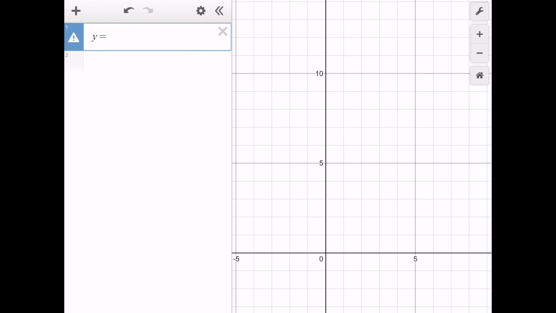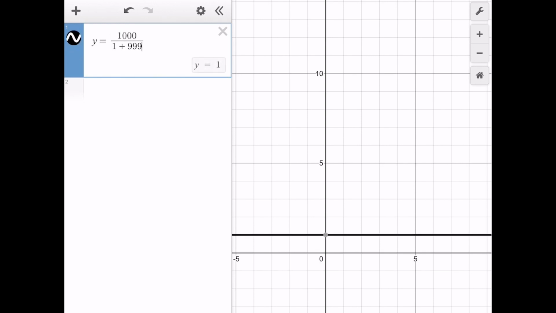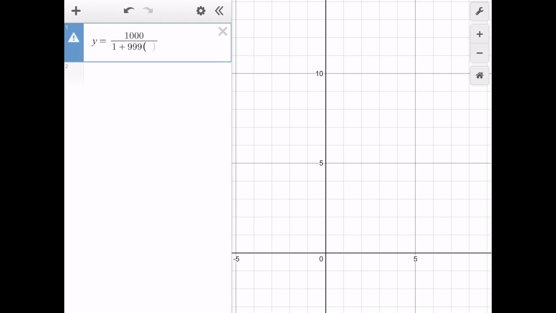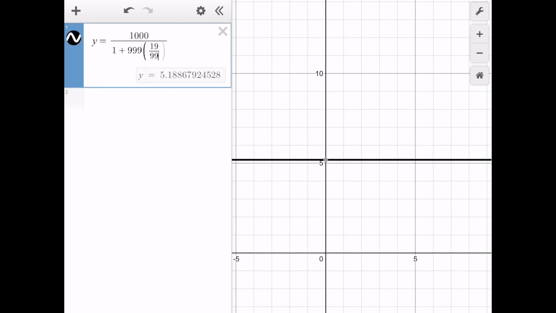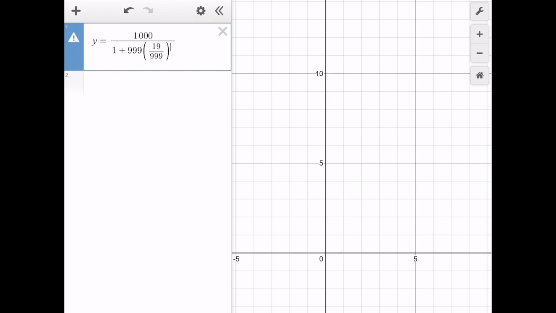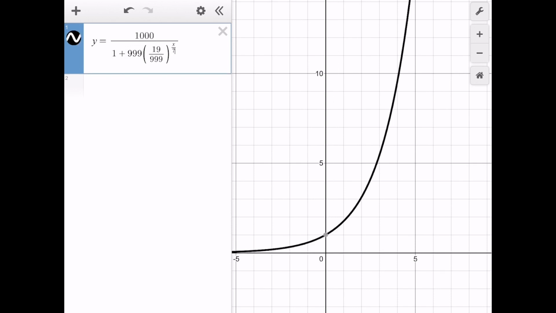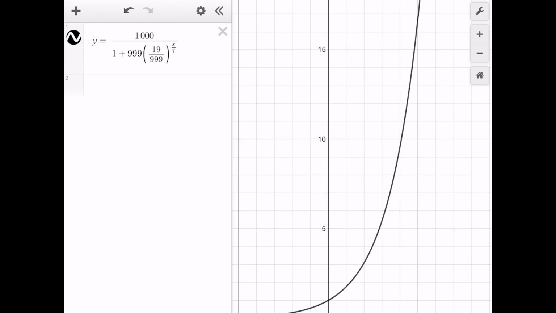So what we had was 1,000 divided by 1 plus 999 times 19 over 999, close parentheses, raised to the t over 7. But we'll have to go x over 7 here. Look, we have what appears to be exponential growth. That's actually pretty awesome.